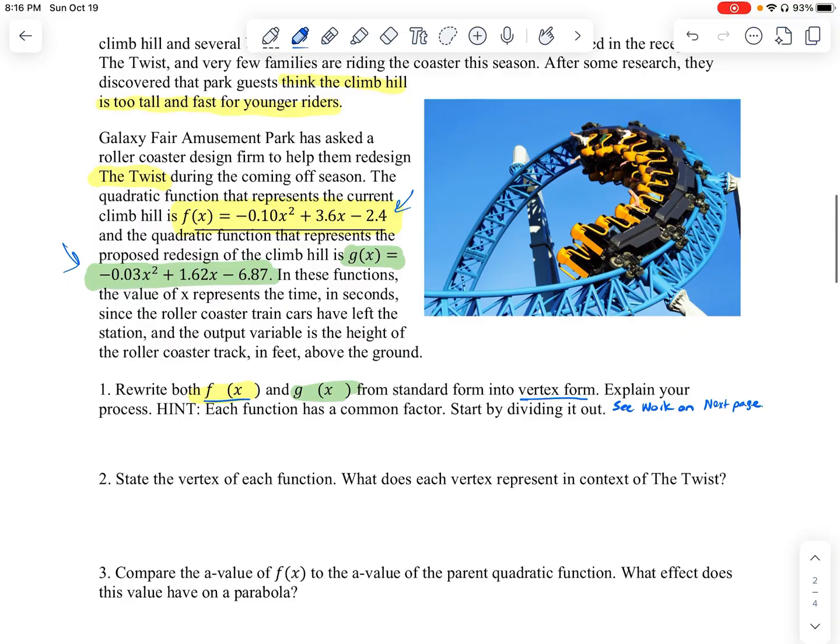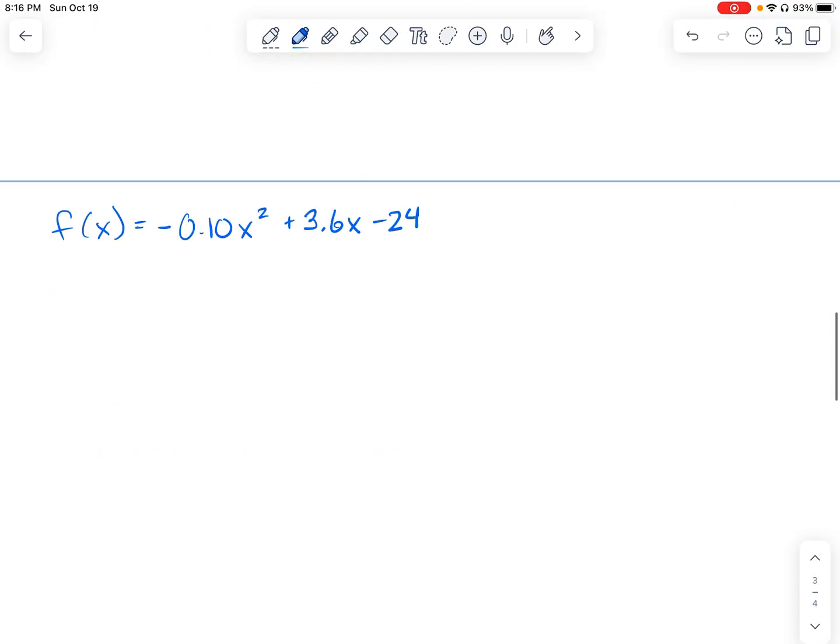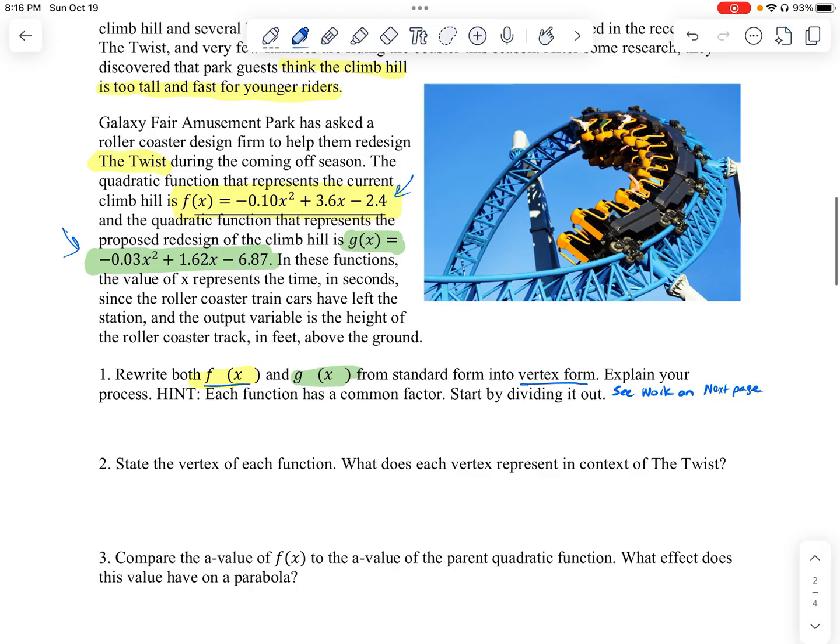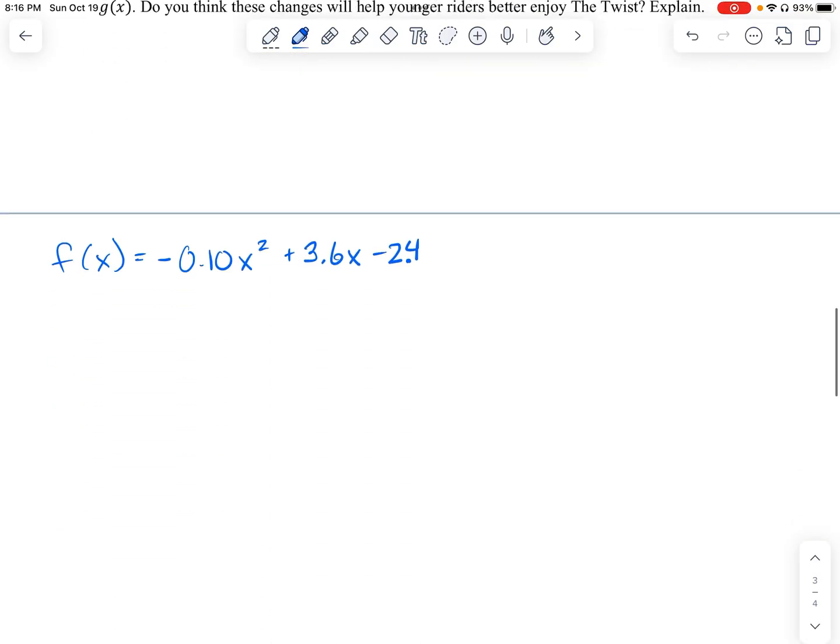So f of x is negative 0.10 x squared plus 3.6 x minus 0.24. Okay, and the hint that they gave us is that each function has a common factor. The common factor here is negative 0.10.